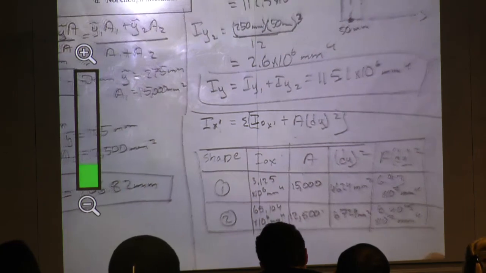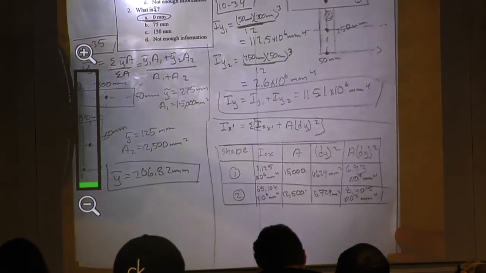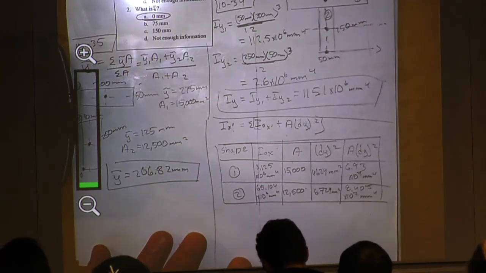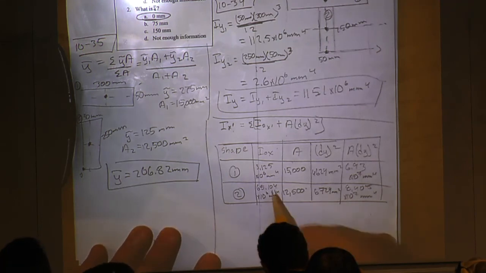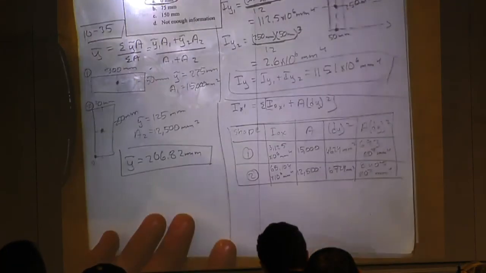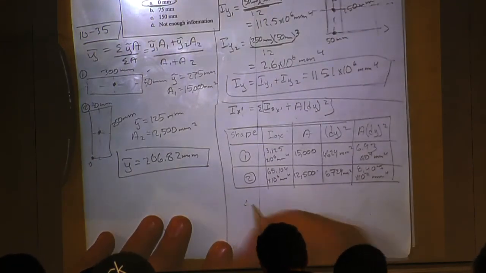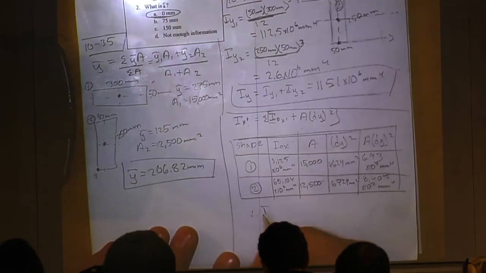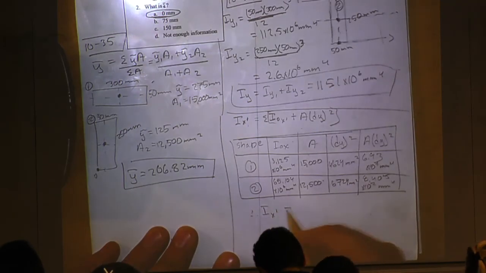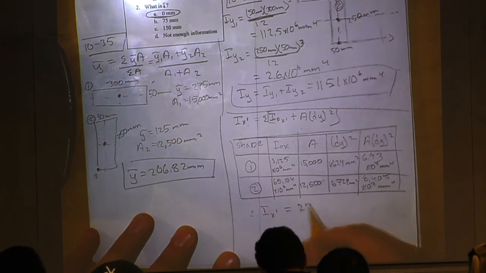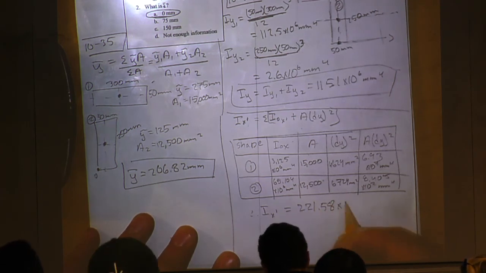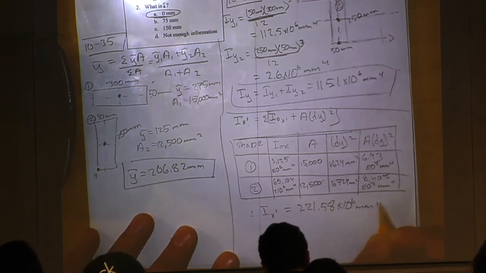Okay, so now all I need to do is sum them, right? So like this equation shows here. So you'll get eventually, if you do the summation and addition correctly, I x prime is equal to 221.58 times 10 to the 6 millimeters.